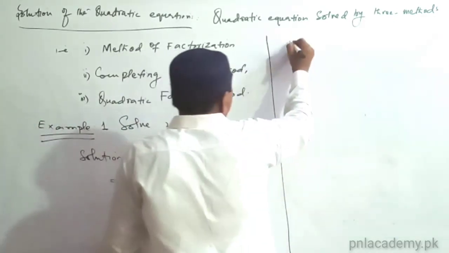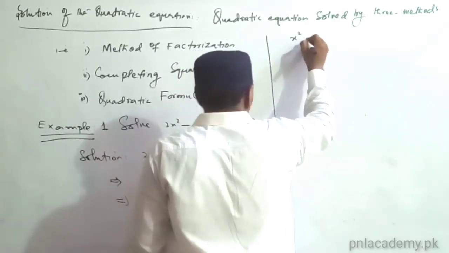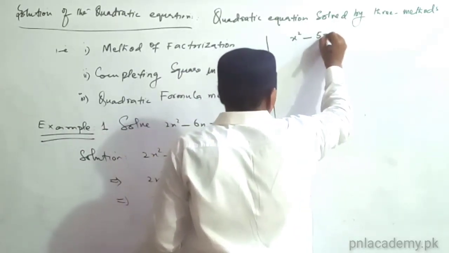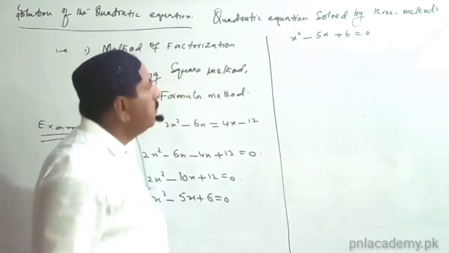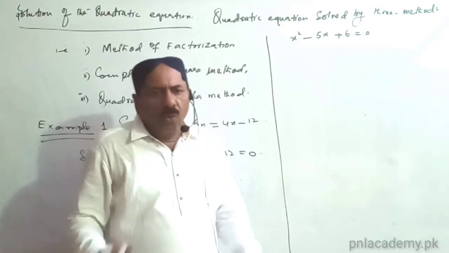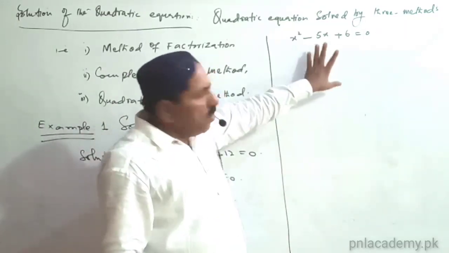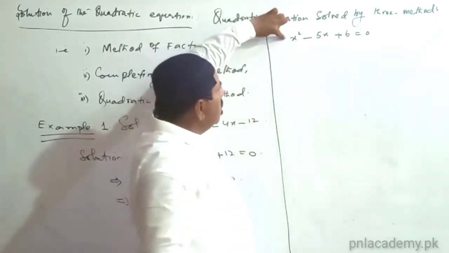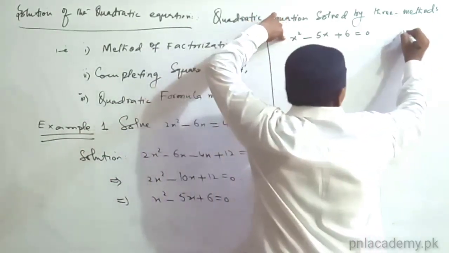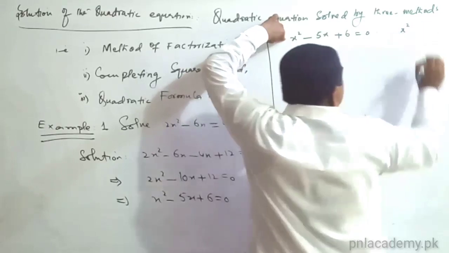Here, x square minus 5x plus 6 is equal to 0. Okay. What is the factorization method? This is the first term, means x square.